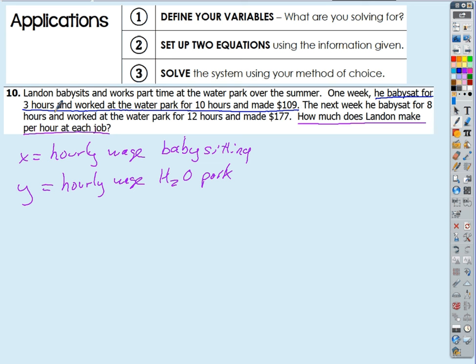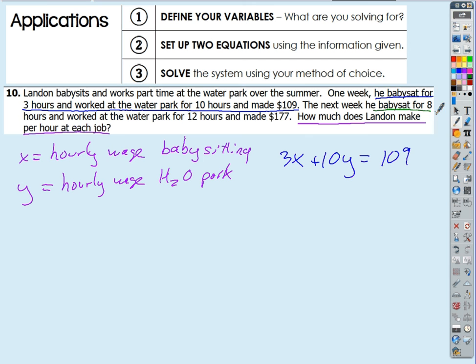X is the rate, so he gets 3X dollars from babysitting. How much is he getting from the water park? He worked 10 hours. What am I gonna multiply the 10 hours by? His hourly wage, which is Y. So plus 10Y equals 109.